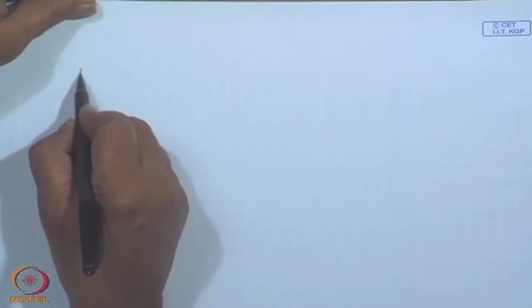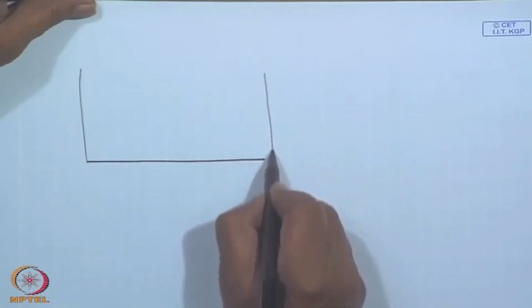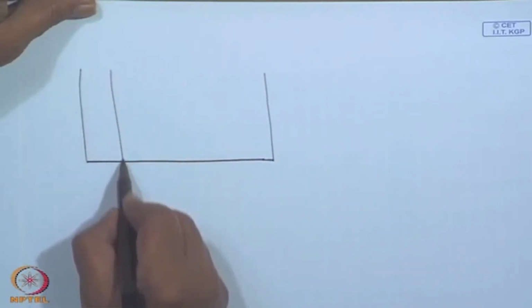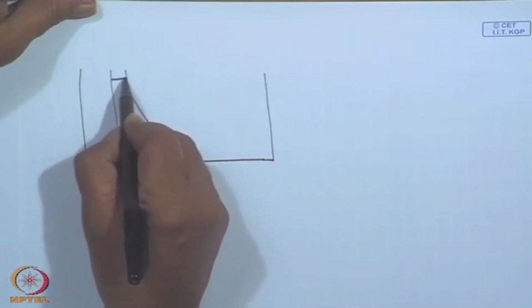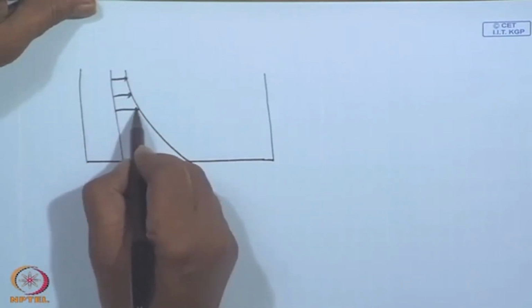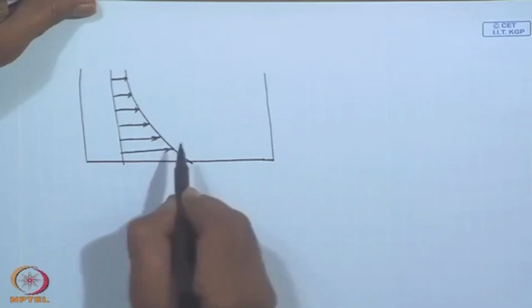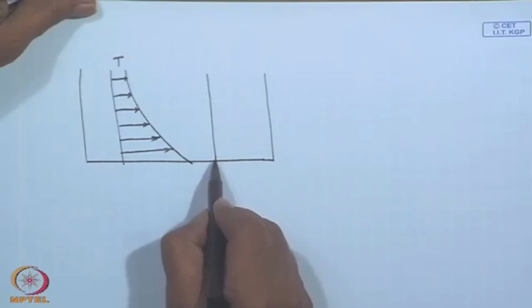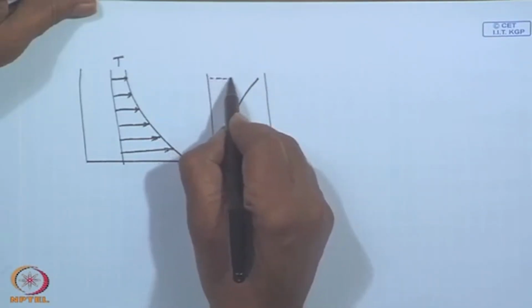So if we imagine initially that you have got a temperature profile like this, somehow I maintained it, somehow I got it, then the corresponding density will be like this.